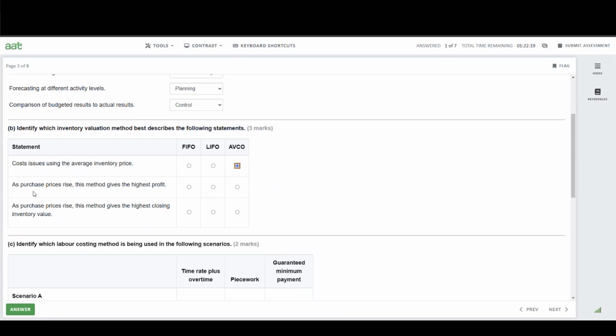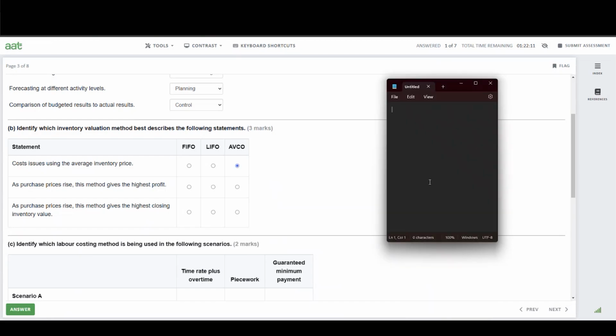So the next one, as purchase prices rise, this method gives the highest profit. Okay, so I need to do some thinking about that. And when I think about things, I like to make notes about them just so I can put my thoughts into some order. So prices are rising. Okay, so FIFO, that costs issues using the oldest prices.